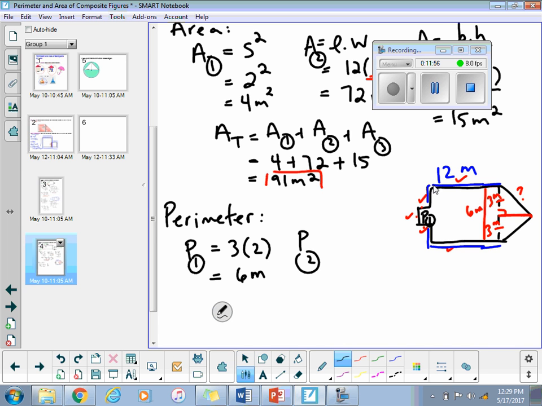And so if you think about that, we have 2 times 12, right? Plus 2 times 2. 12, 12, 2, and 2. So that adds up to 24 plus 4, which equals 28 meters.